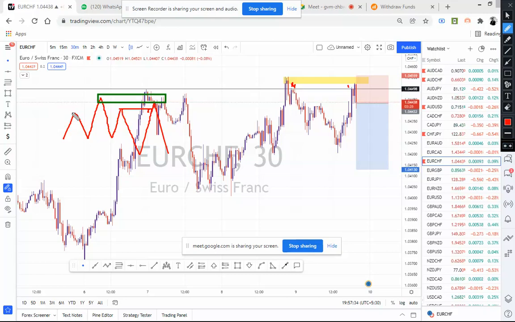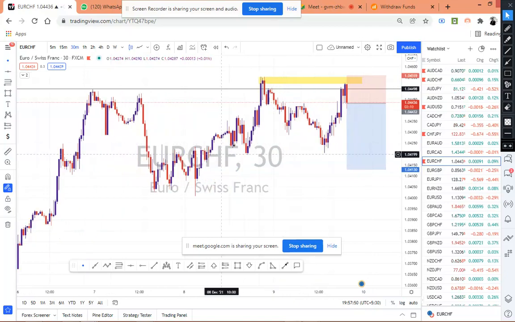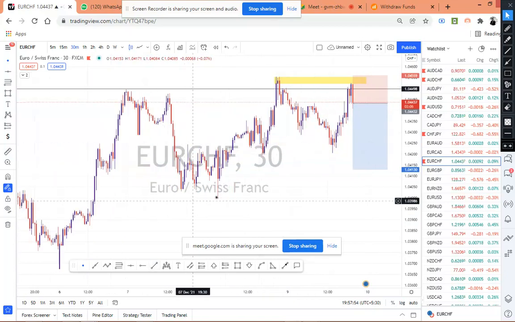Here also we have resistance, and here we have the higher high. This is the higher high. It's just like the Quasimodo pattern, but this one is quite different from the Quasimodo pattern.